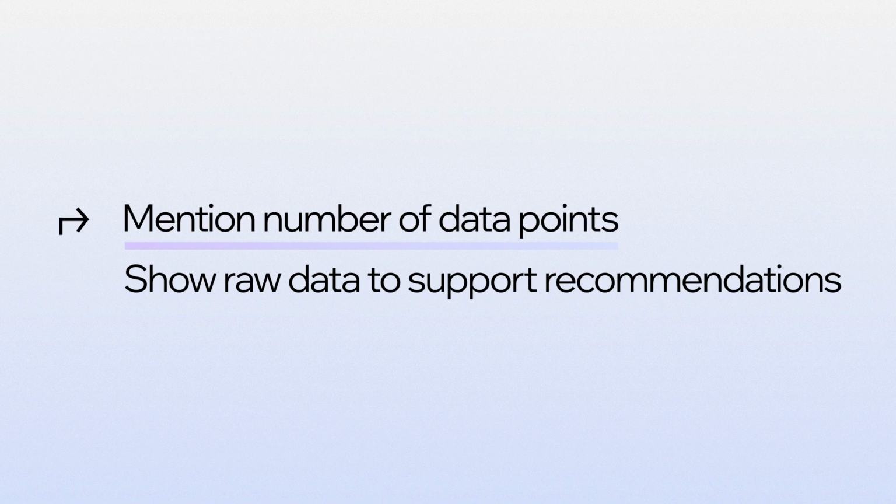Let's talk about the actual template you can follow. For content reports, you want to show the results and recommendations you've made during your analysis of the data. Mention the number of data points you're basing your analysis on, and show the raw data to support your recommendations.